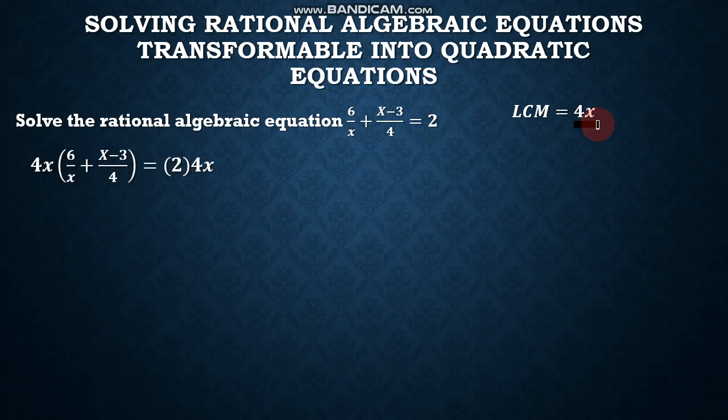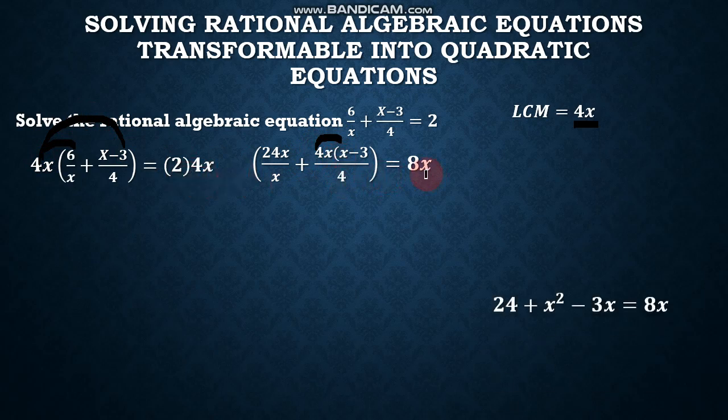So we have to multiply both sides of the equation by the least common multiple, and that is 4x. And then 4x times 6, we have 24x over x, and then 4x times (x minus 3) over 4, and on the right, 2 times 4x is 8x.